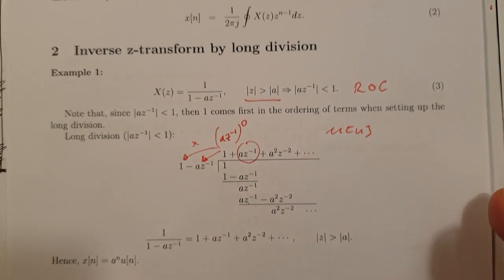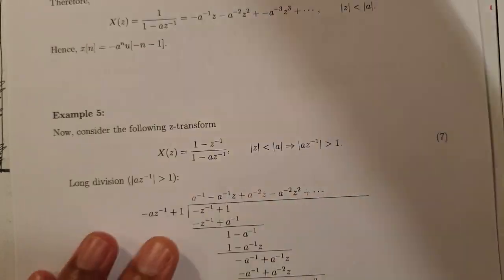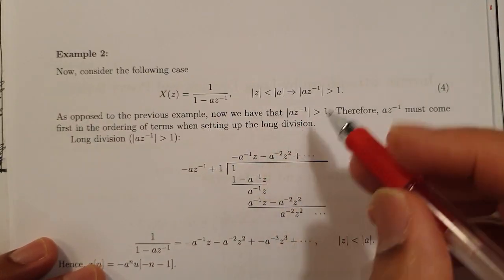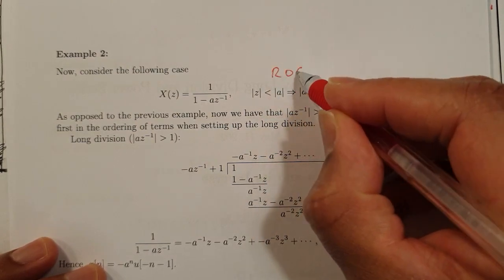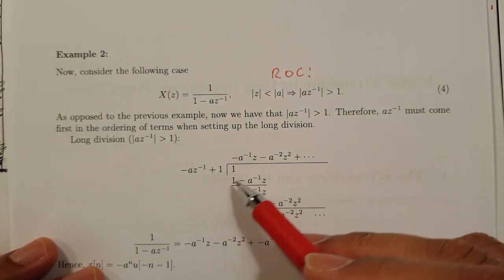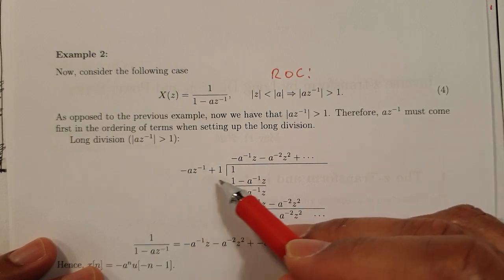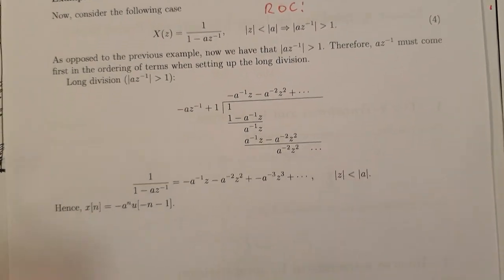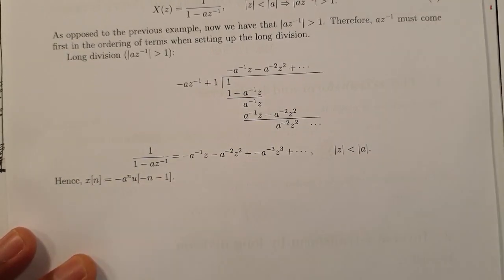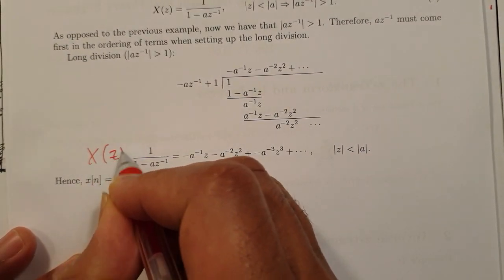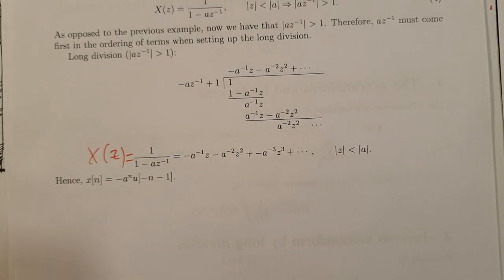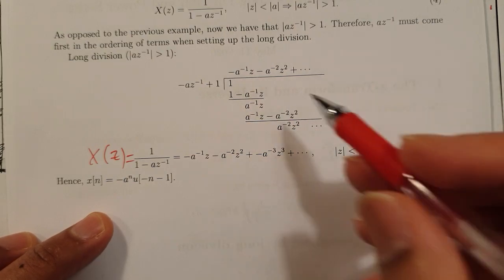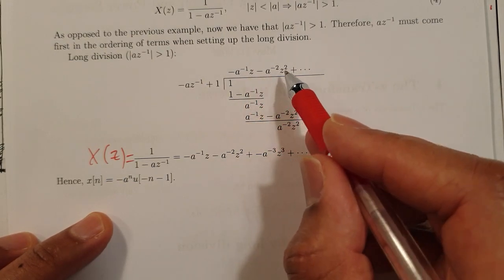In this next example, we have a region of convergence which is non-causal, and the ordering is different. So now you go through this following the same steps, and you will realize that I have to make some fixes in this non-causal result here, because now we see that the powers of z are positive.